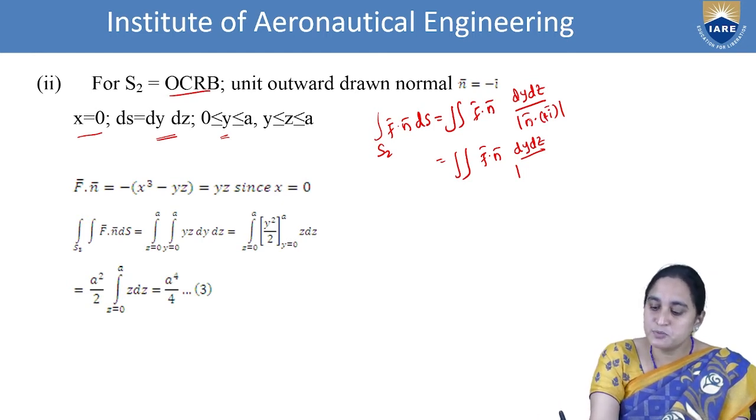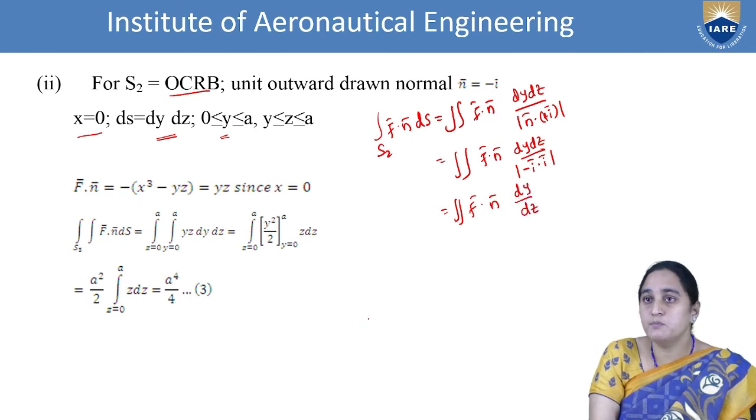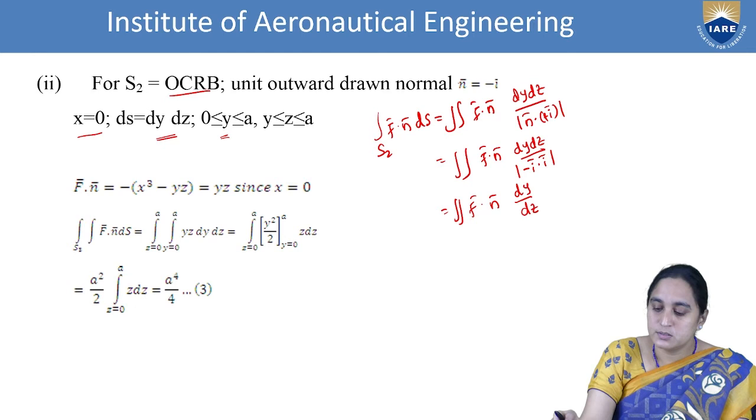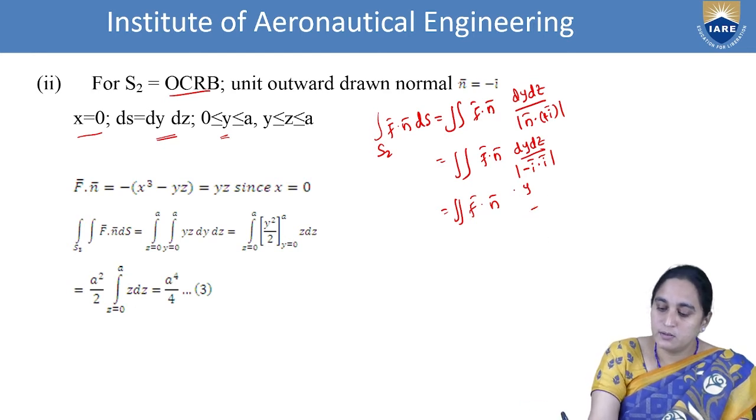Here n bar means substitute the negative value, that is minus i bar dot i bar. That is double integral of f bar dot n bar into dy dz by i bar dot i bar, which is 1. Modulus means that is plus only. So dy dz by 1. Therefore, double integral of f bar dot n bar into dy dz.